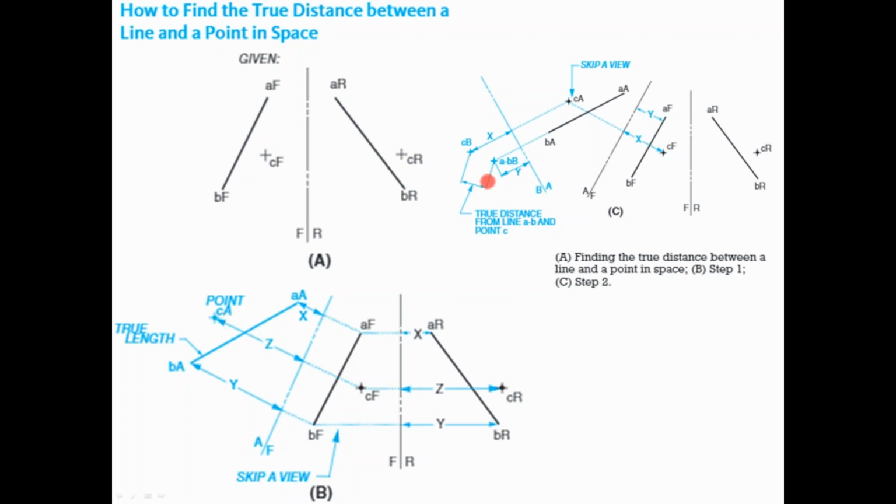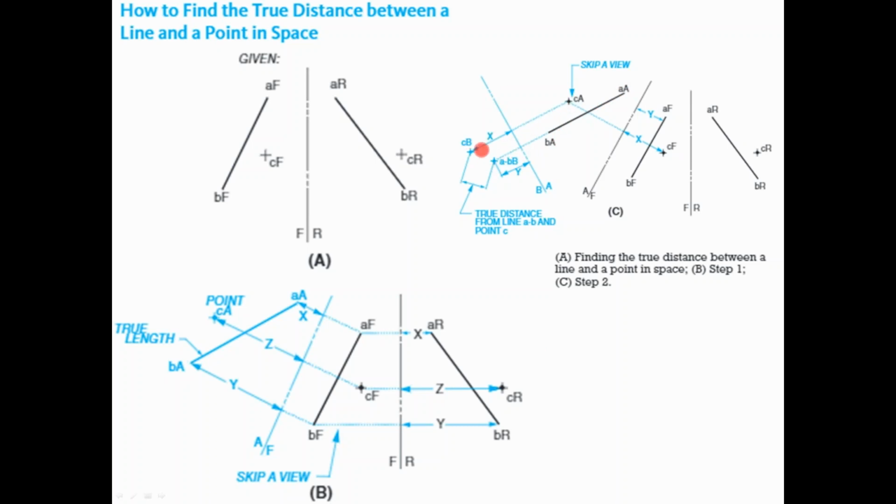And the last step is you're going to have to find the true distance between the line and the point. Once you have that point C, to find the true distance you do the same thing: draw another line that is perpendicular to the true length, and then draw another perpendicular line.